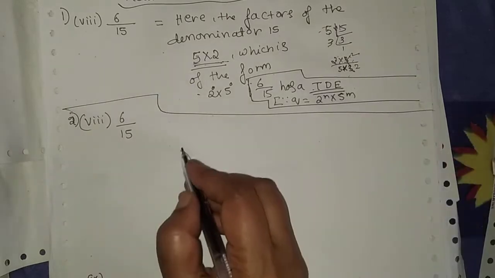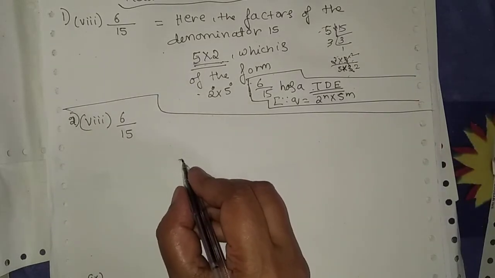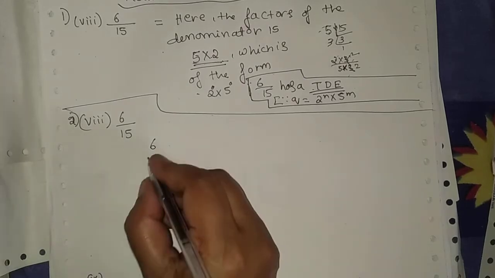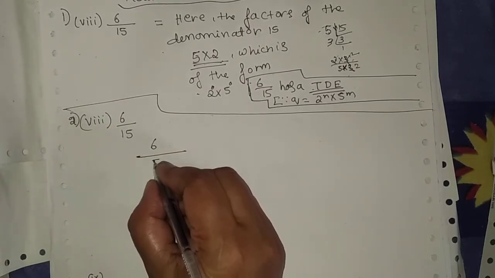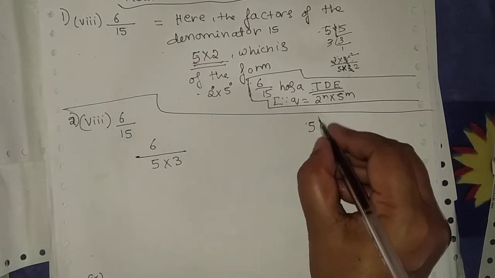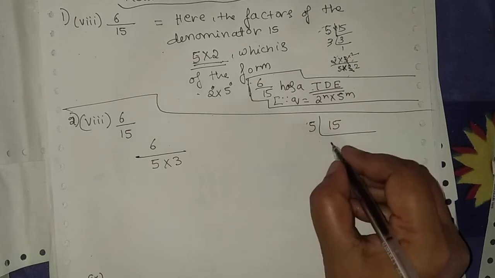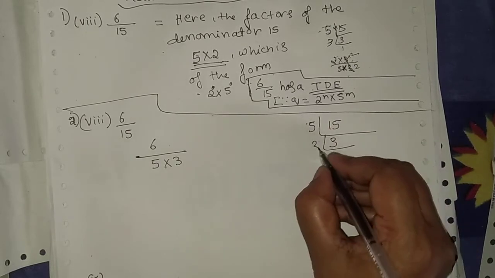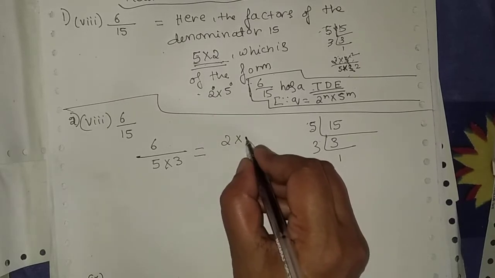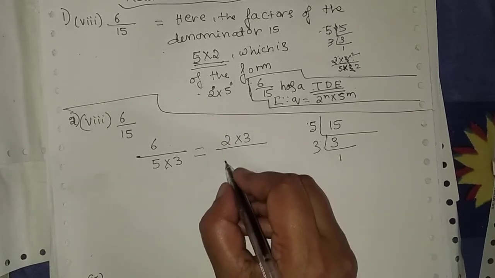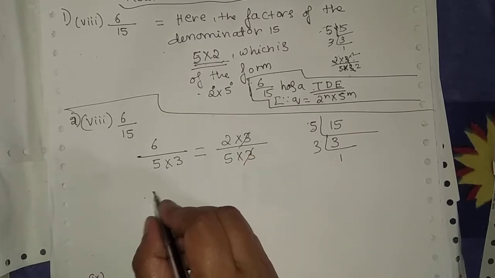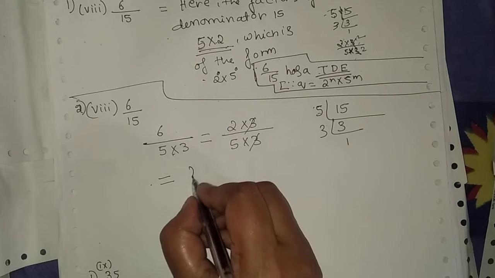We'll solve this in the second form. Second form means just write down 6 by 5 into 3, or we'll just write here 5, 15 is 5 3s. So the denominator we got this; numerator just write 6 as 2 into 3, then 5 into 3, 3 cancels, then we get 2 by 5.